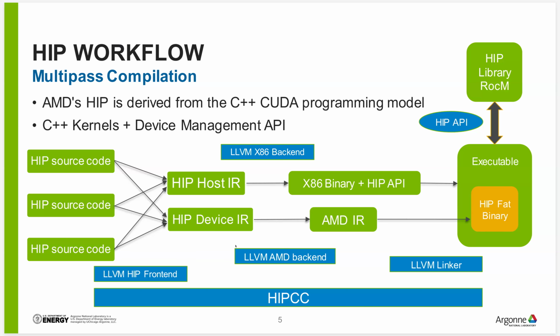And at runtime, through the HIP API on the right of the figure, the HIP library, which is based on ROCm, will execute these and dispatch your kernels to the device according to the program. So all of this compilation phase is done by a compiler called HIPCC, which is a wrapper above Clang.